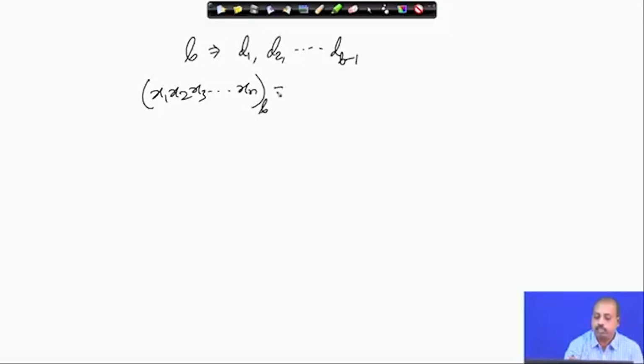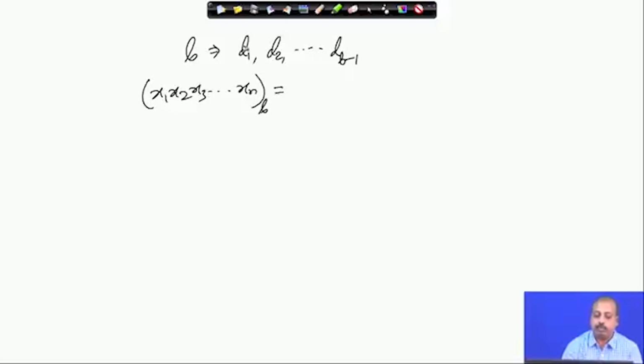The value of the first symbol is d1, the second symbol is d2, the third symbol is d3, and like that.